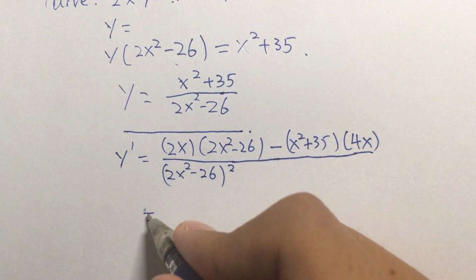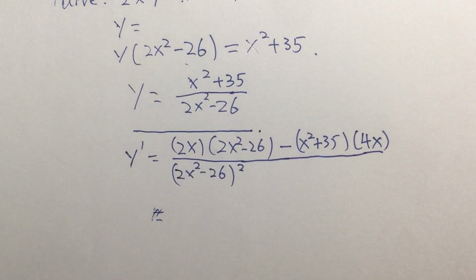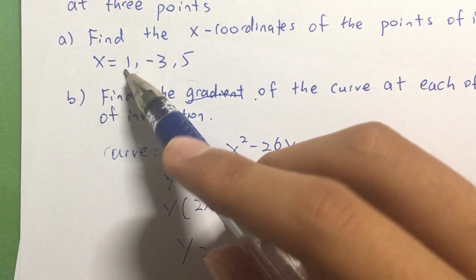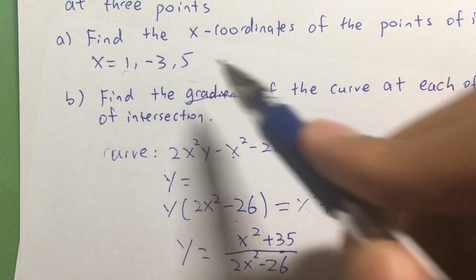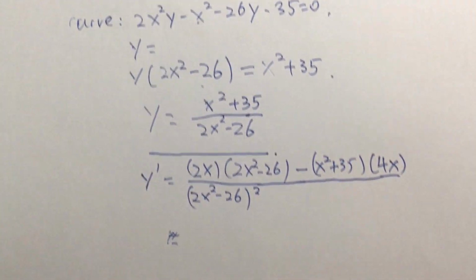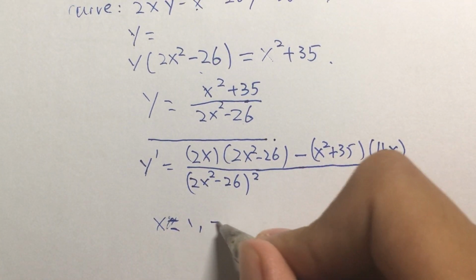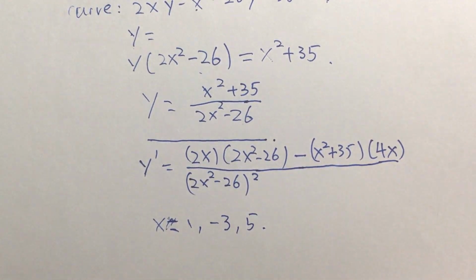And we don't need to simplify it, because we need to find the gradient when x is equal to 1, negative 3, and 5. So we can simply substitute x equals 1, negative 3, and 5.